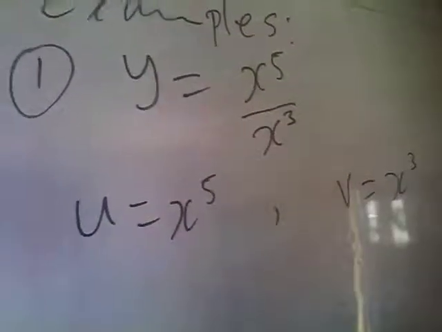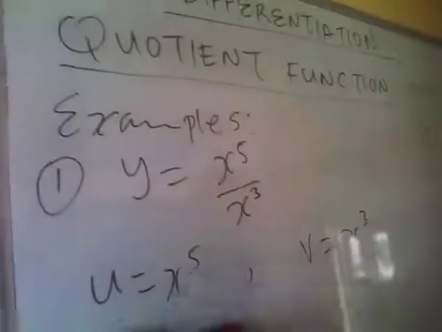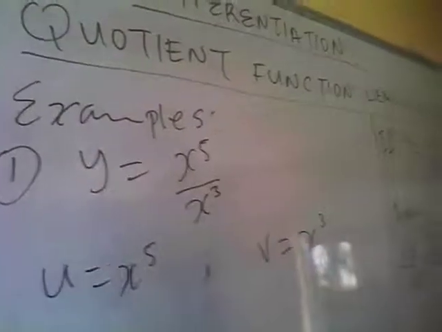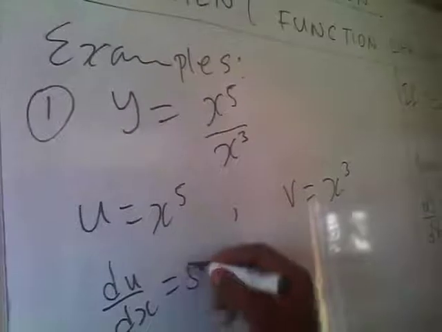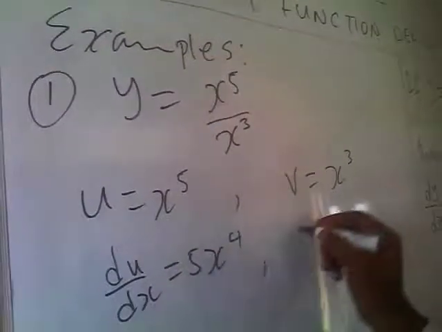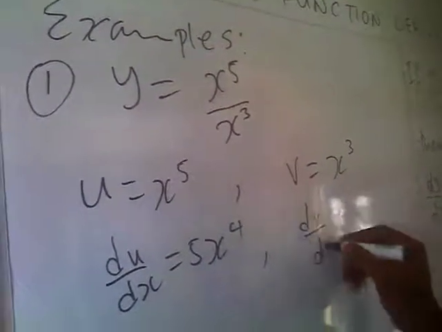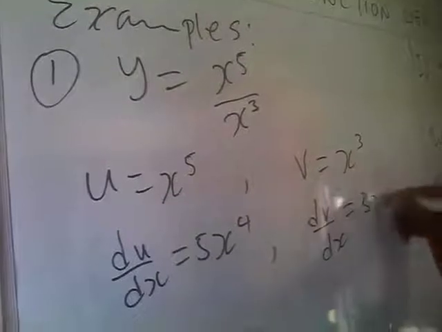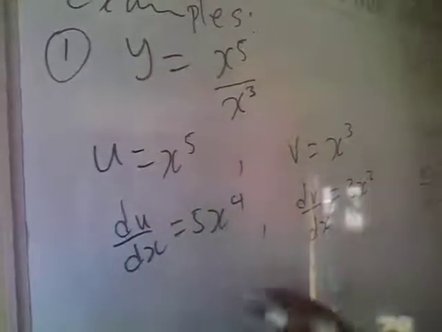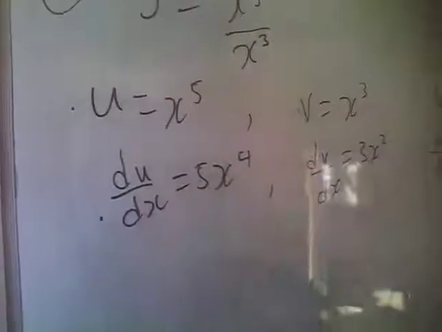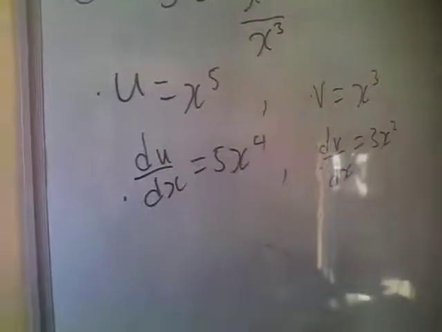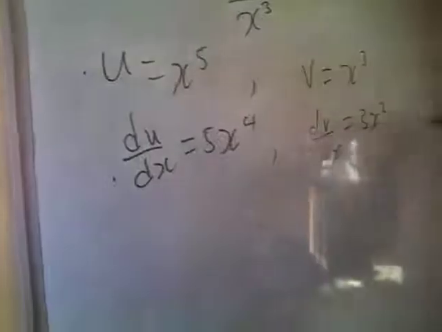We normally make the numerator u and the denominator v. So differentiating them one by one, du dx will be 5x to power 4, while dv dx will be 3x to power 2. Now we have our u, our v, our du dx, and our dv dx.